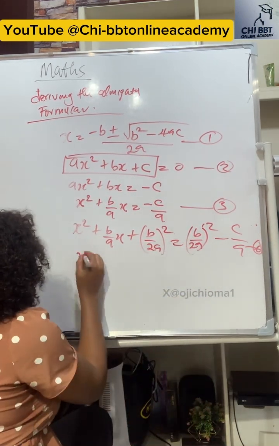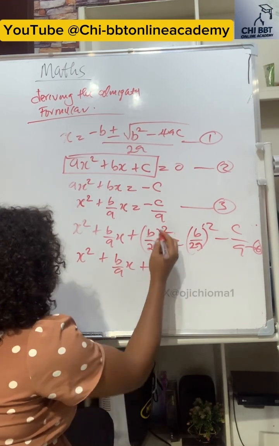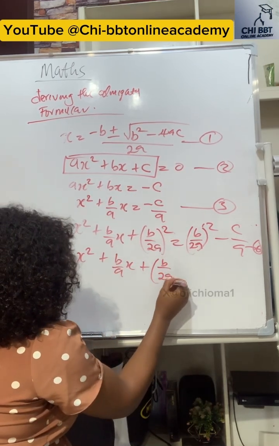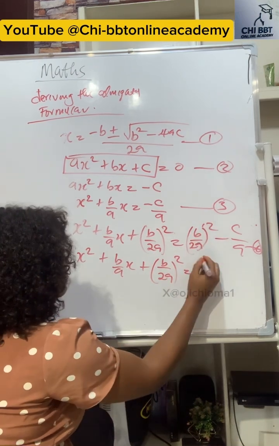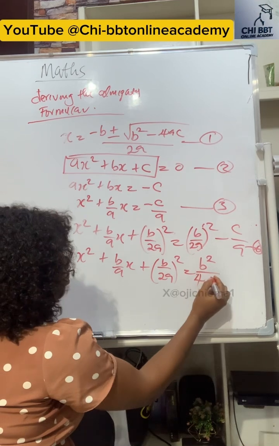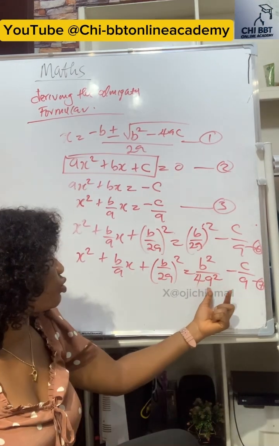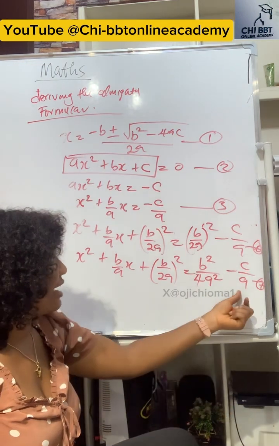Then we evaluate it for that x² + (b/a)x + (b/2a)² equal to, we are breaking this down to b² over 4a², since 2a raised to power 2 is 4a², minus c over a. Now looking at it, the two denominators are not balanced. This is a and this is 4a².